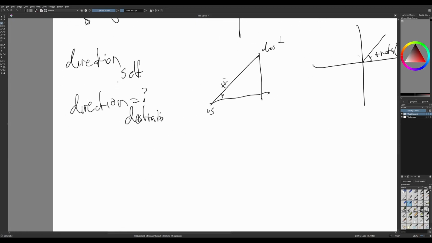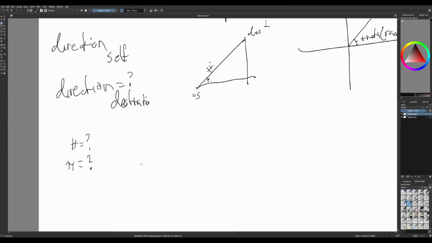So let's say our destination, we have ourselves the X, and then we have ourselves the Y. We need ourselves the theta. Okay, so here's what we gotta do. We need a hypotenuse, and we don't know what that is. And we need the theta in radians. We don't know what that is.